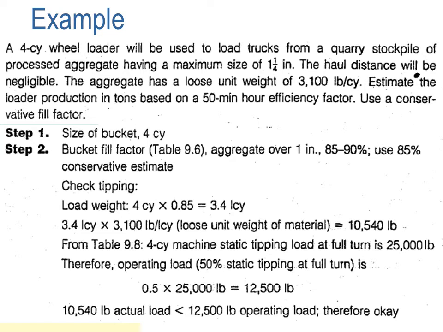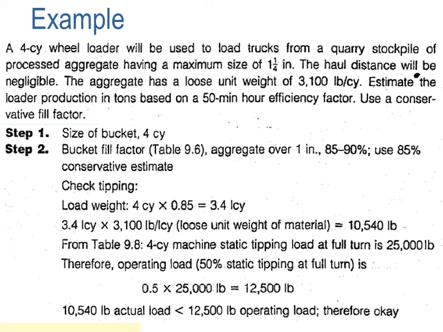So this will give us the load weight. The load is 3.4 LCY. So the weight will be 3.4 times 3100, so this is 10.54 kips. So if we go back to the tables, we'll find that the static tipping load is 25,000. So the operating load should be safely, you should always have a factor of safety.